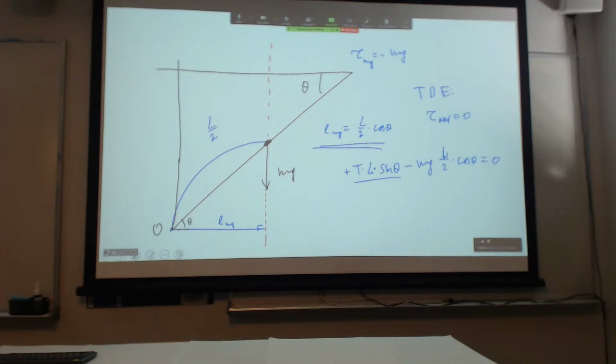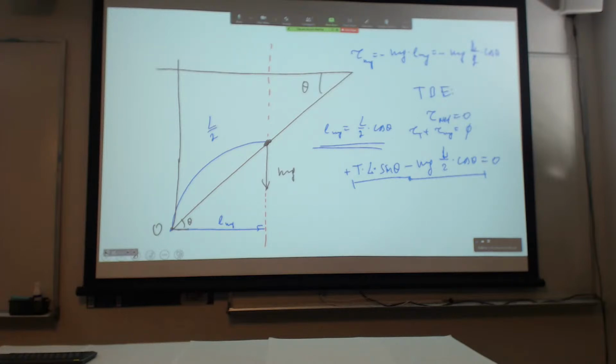It equals magnitude of a force times the lever arm, which is a half of the length times cosine theta. And torque of tension plus torque of gravity equals 0. And this is it. This is your equation.